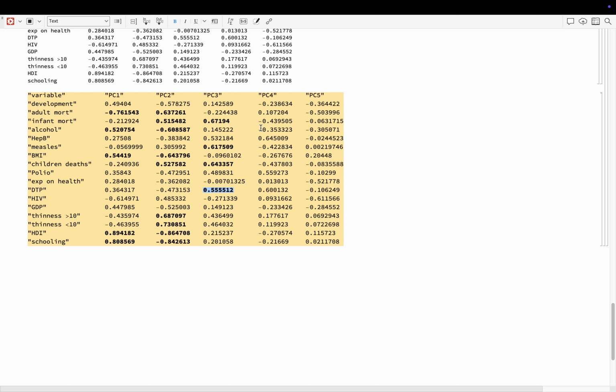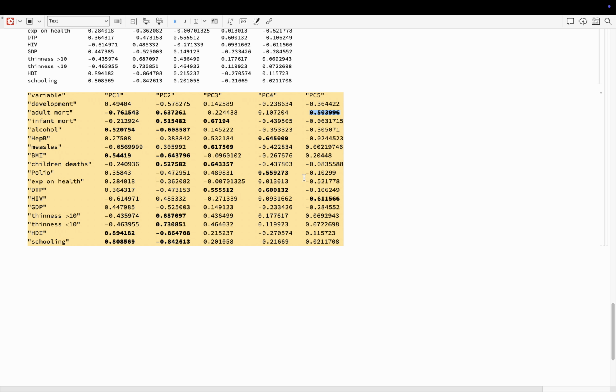Yes, and that's all. Then for the fourth component, this is high, and this is high, and this is high. What more, for the fifth component, those loadings are not, oh, this is a serious correlation, and the rest is not that important, and this is also serious correlation.